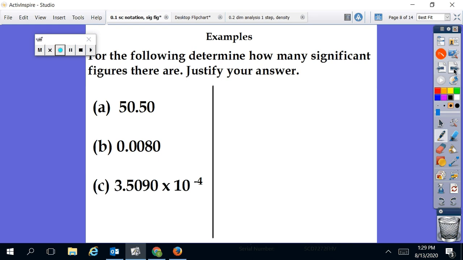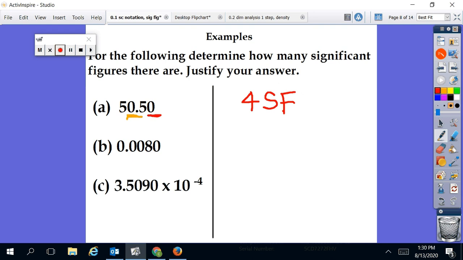If we look at the middle zero, we know that this one is sandwiched between two significant, so that's significant. And then our last zero is a final zero at the very end to the right of the decimal. So in this case, we have 4 significant figures.